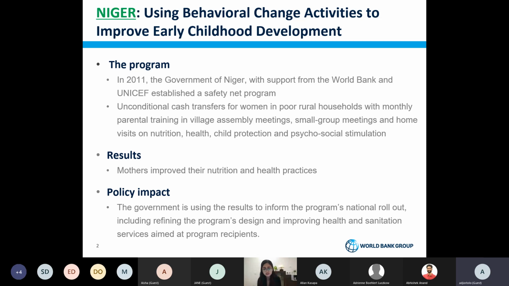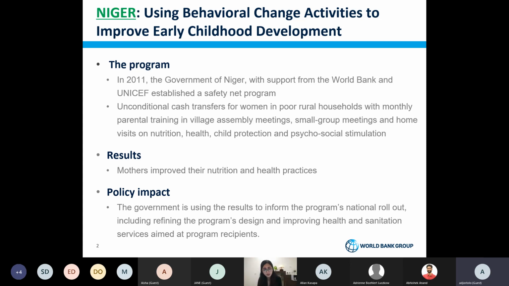Now, who were these women that this was aimed at? So the beneficiaries were mothers who had children aged 6 months to 5 years, since that is an age where a lot of physical and mental development happens, and they had to be living in chronically poor households.